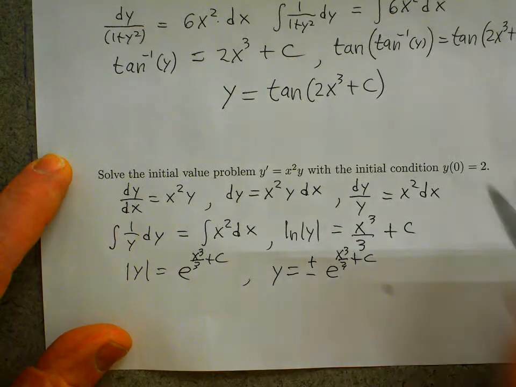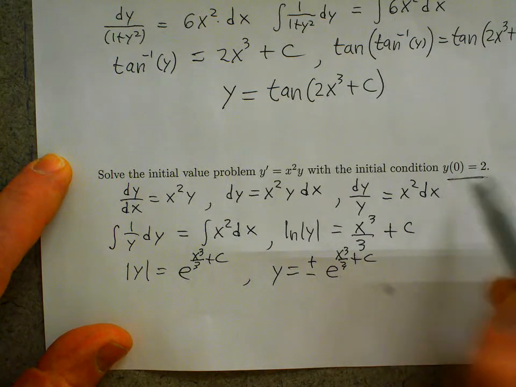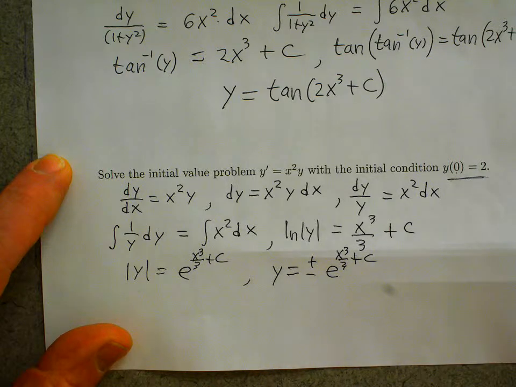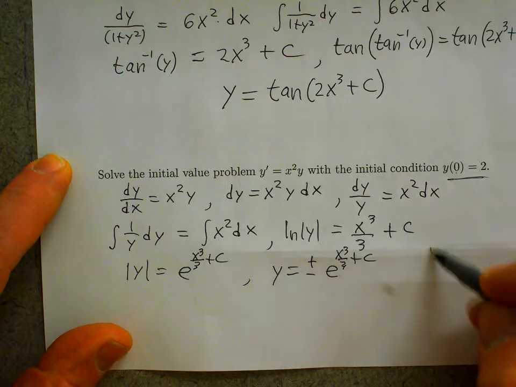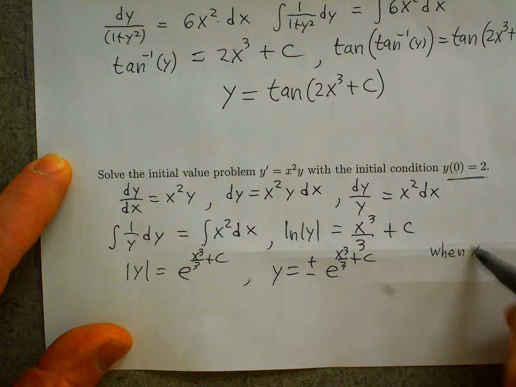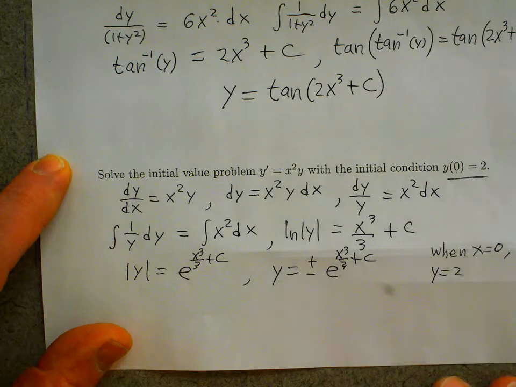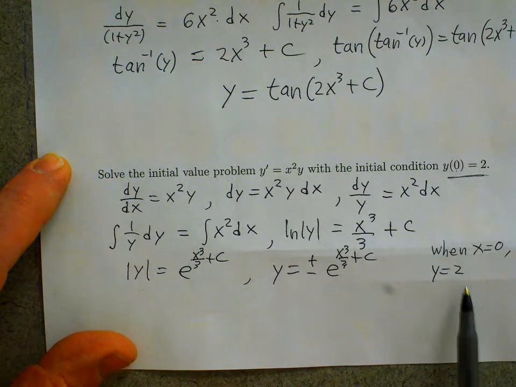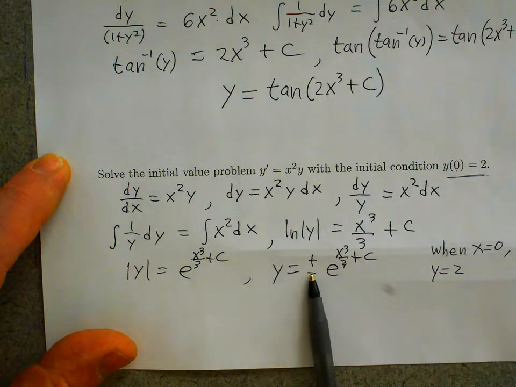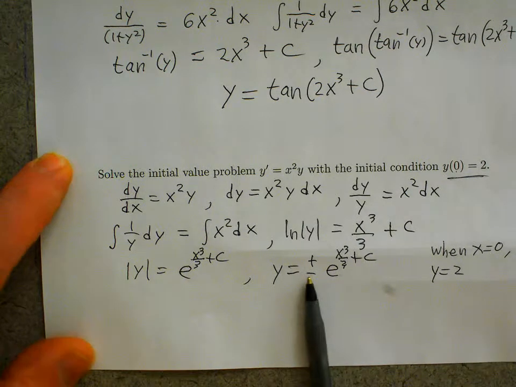Okay, so the initial condition says when x is 0, y is 2. So we can tell by looking that we're going to have the positive solution.